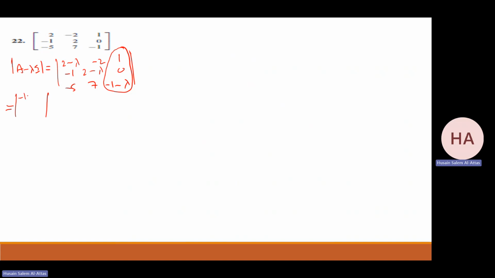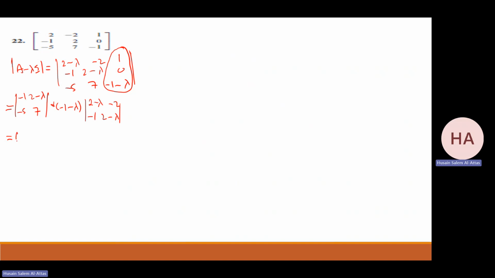I have minus 1, 2 minus lambda, minus 5 and 7. And do the last one, minus 1 minus lambda, times the remaining first, third column, third row. So I have 2 minus lambda, minus 2, minus 1, 2 minus lambda.